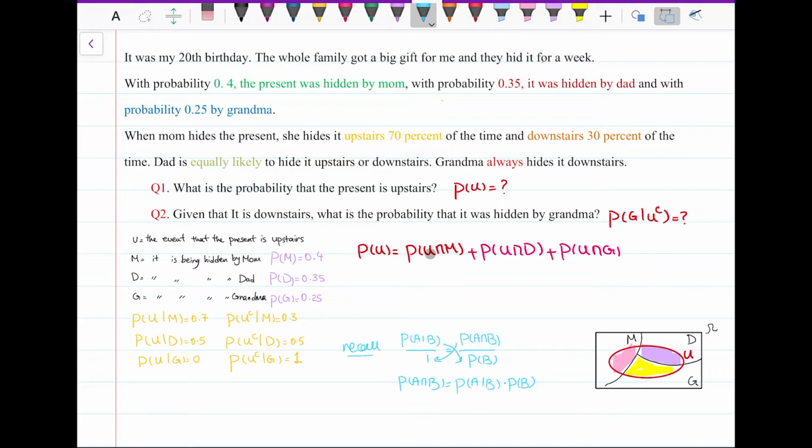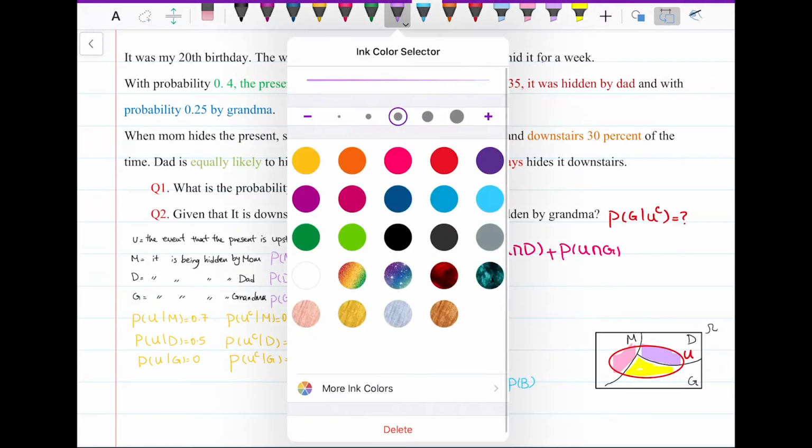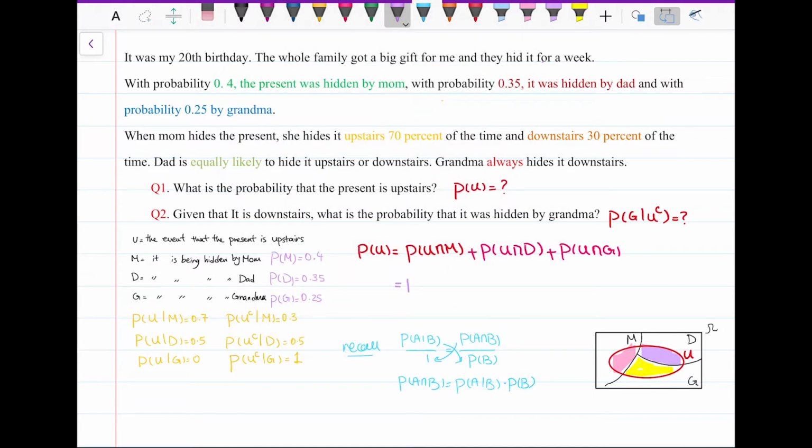So for each one of them, I can write probability of U given M times probability of M. For the second one, I can use probability of U given D times probability of D plus the last one, probability of U given G times probability of G.